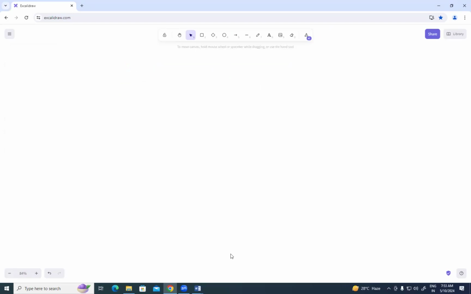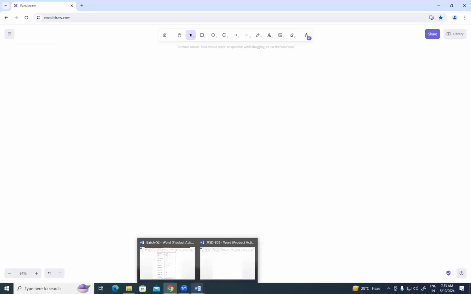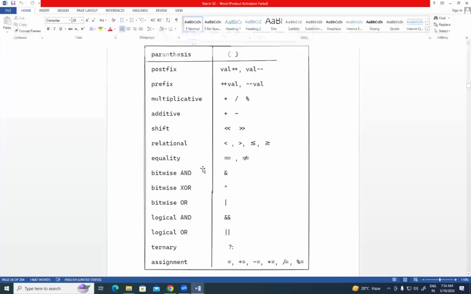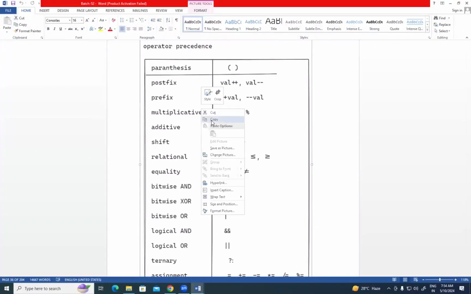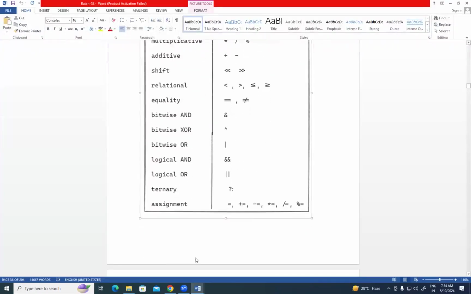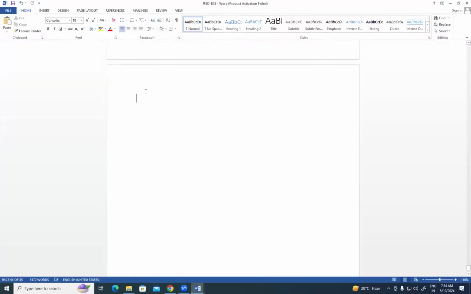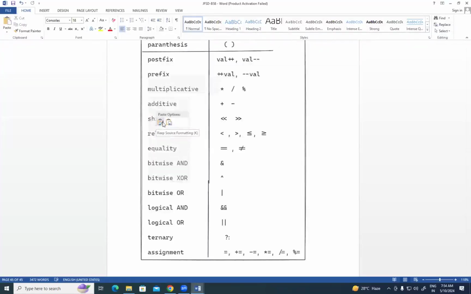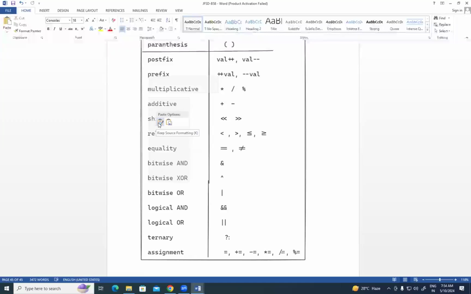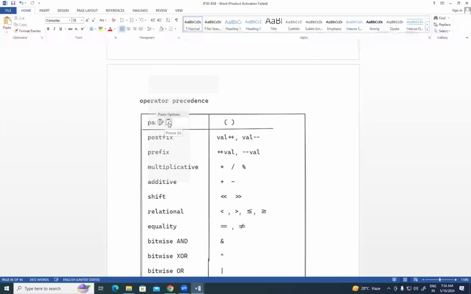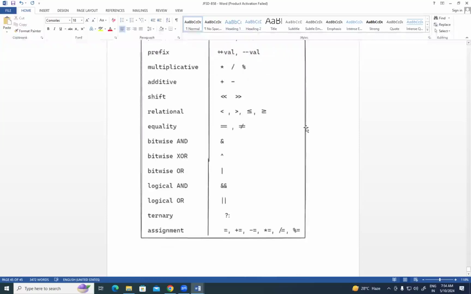I'm giving the operator precedence in the form of a table in your document, but still it is better to know about it.